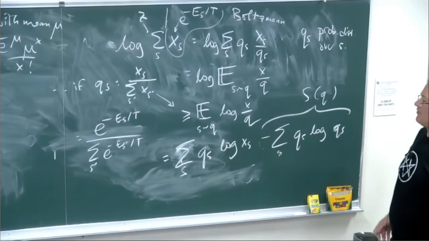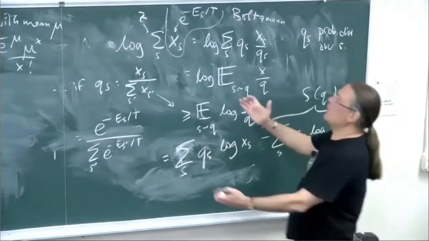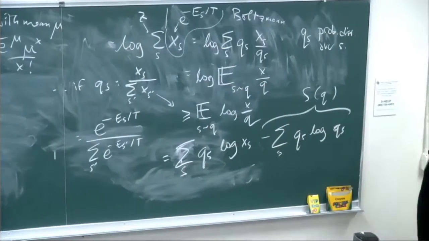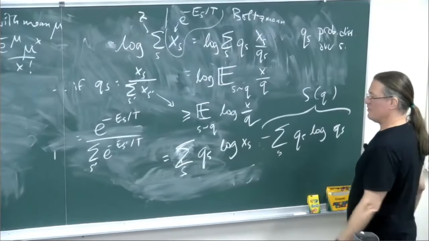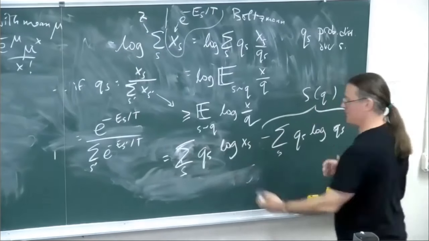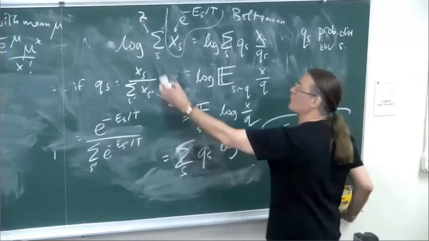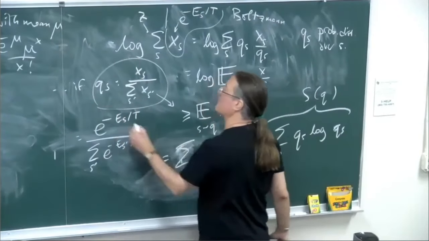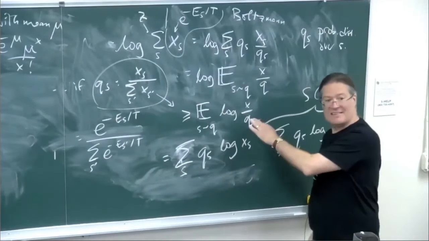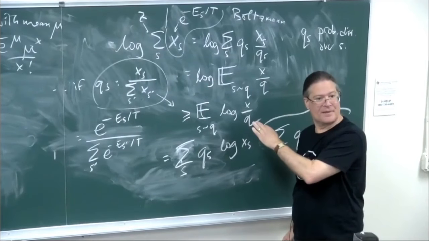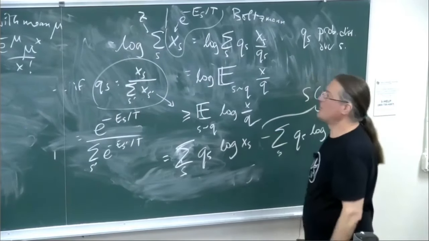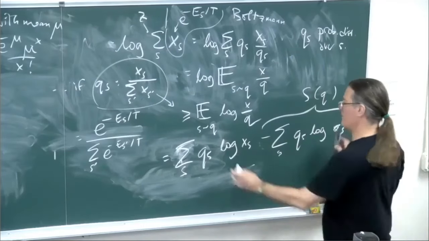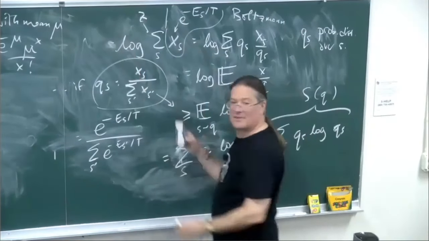Now, so what have I told you? If you want to maximize this, one of the things you can do is maximize over Q sub s, because any Q sub s gives you a lower bound, and moreover, I've told you that for this choice of Q sub s, this lower bound is tight. It holds with equality. So what that tells you is that the maximum over all distributions of this is equal to this.